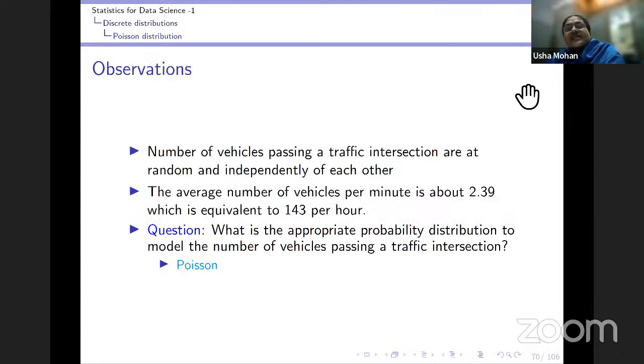So the appropriate probability distribution to model the number of vehicles passing through a traffic intersection in a period of time, or to compute the number of events in a period, is what we refer to as a Poisson distribution.